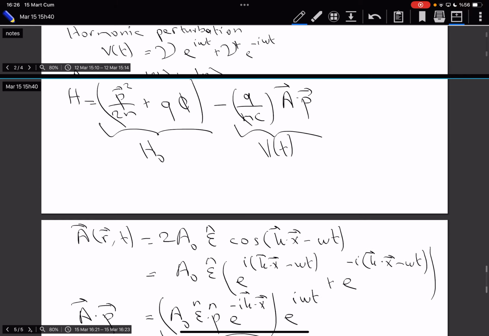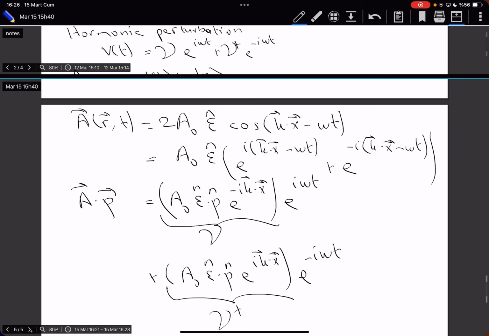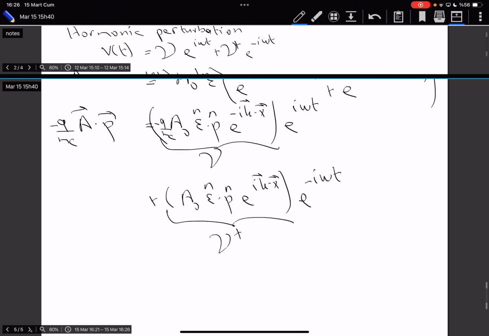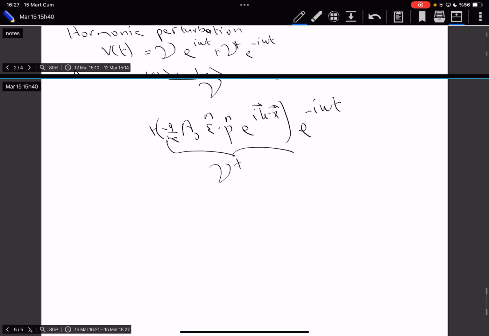Okay, so let me just add the coefficients also. Here I have a minus q over mc. Now, what is the transition rate?